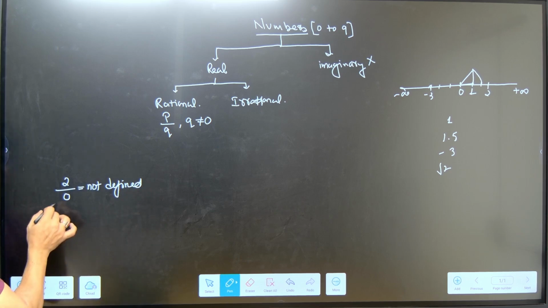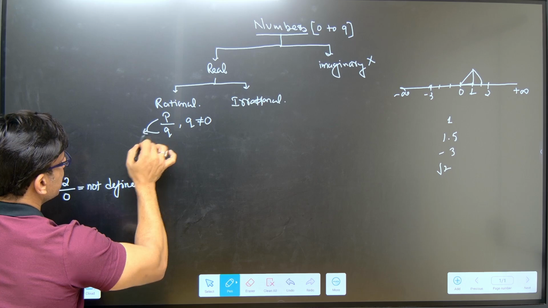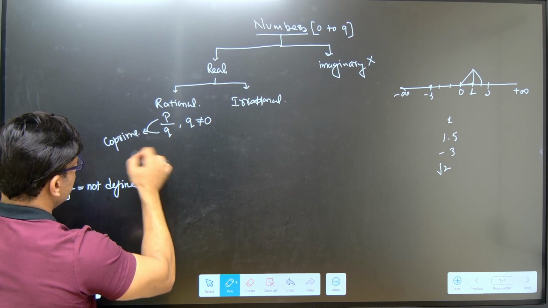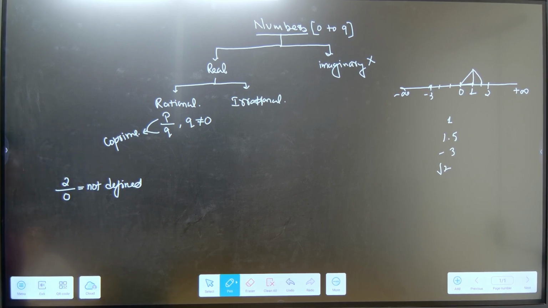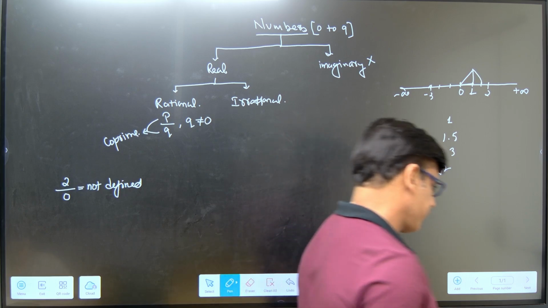You cannot write this; the denominator cannot be 0. At the same time, this P and Q are called co-prime. We'll come to all these definitions, what co-primes are. But 2 by 0 is not defined, also called infinity. Infinity is also called not defined.